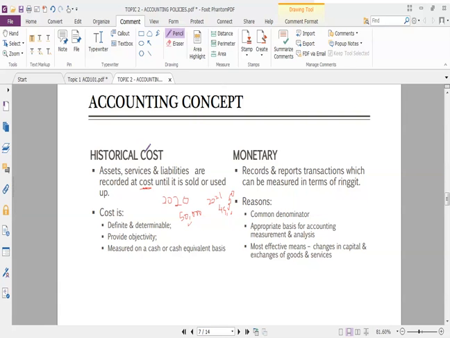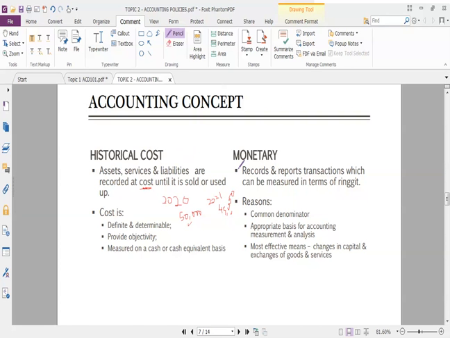And then the monetary concept. So the value that we record is using the monetary value. Records and reports transactions which can be measured in terms of ringgit Malaysia.